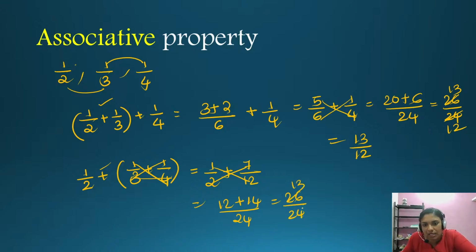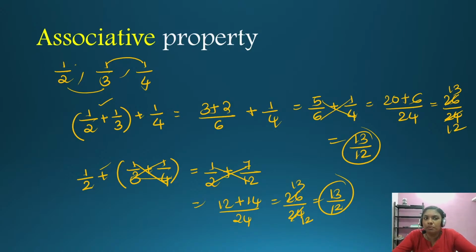Again after cancellation you will get 13 by 12. See, 13 by 12, 13 by 12. So in whichever order we grouped the rational numbers, we got the same sum. So what does it infer? What can we infer from this? Addition of rational numbers satisfies associative property.